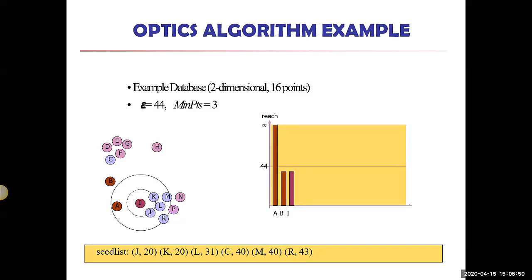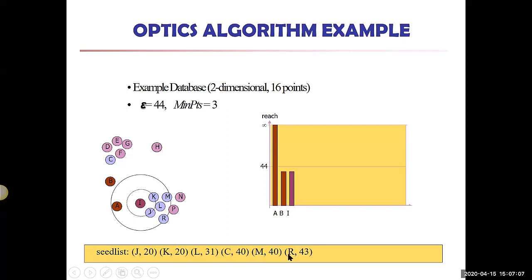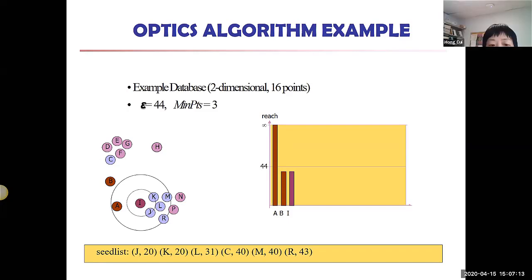To me, at that time, we should have had J, K, L, M, R all added in, but we only added J and K. Was that at that iteration? Because you said the core distance got reduced, and that's what confused me. The core distance is reduced, but these are all within its epsilon.